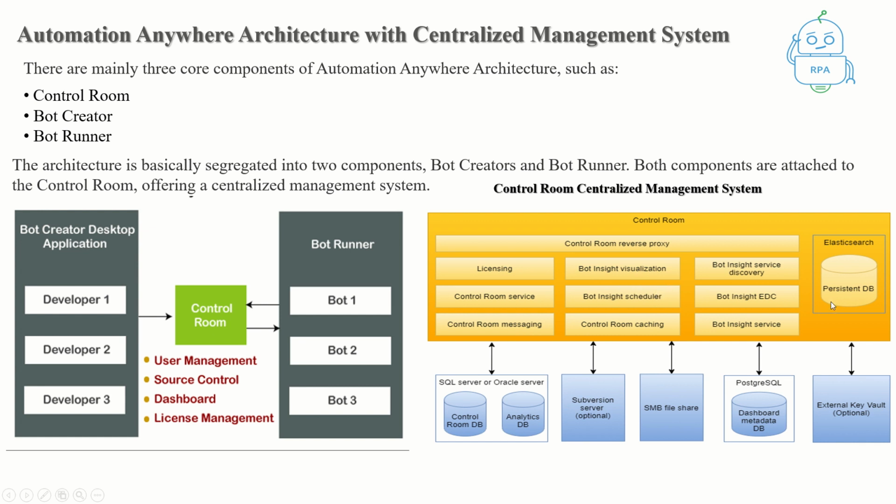Okay, and here the persistent DB is also available. This one I will just explain, like how we can use this Elasticsearch engine. Suppose whenever you log in to the control room by entering the username and password, this is going to be stored in the Elasticsearch persistent DB. It is like a temporary DB, and when you log in to the control room next time, it will not fetch your details from the original control room.